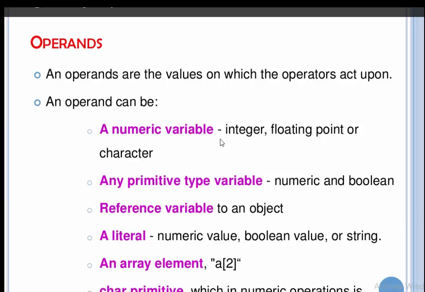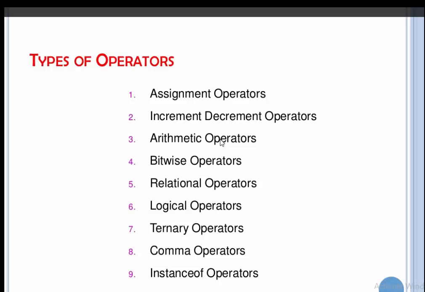These are the types of operators available in the Java programming language: assignment operator, increment operators, arithmetic operators, bitwise operators, relational operators, logical operators, ternary operators, comma operators, and instanceof operator. The instanceof operator is a special, new operator available in Java.